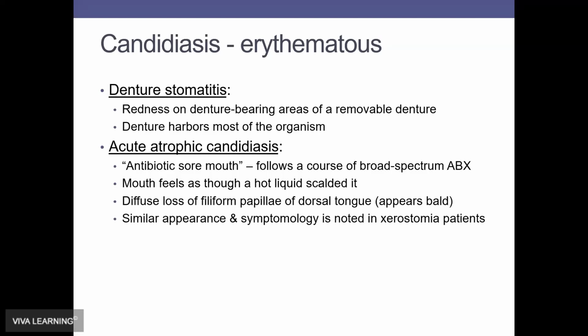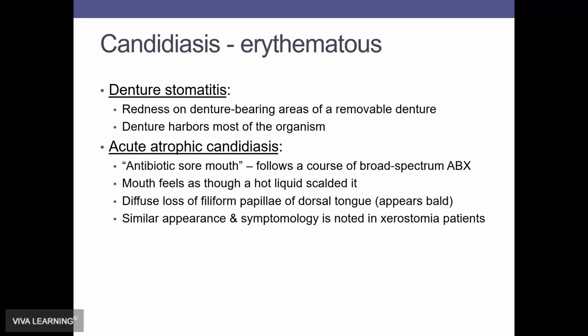And lastly, under this umbrella of erythematous candidiasis is acute atrophic candidiasis, or antibiotic sore mouth. Now, this will follow a course of broad spectrum antibiotics. The mouth will feel scalded, and there will be a diffuse loss of papillae.